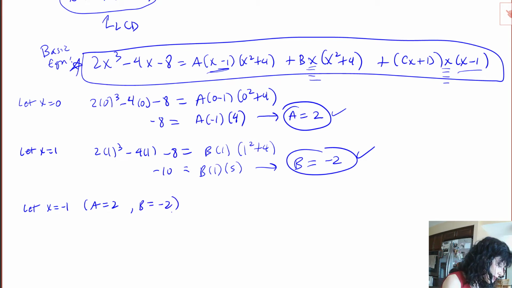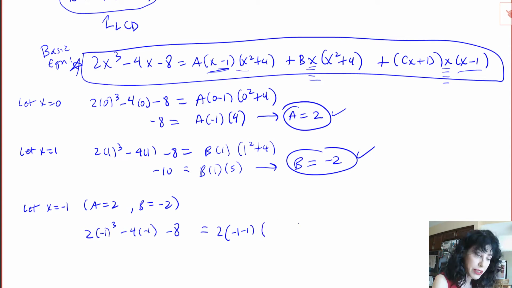So on the left-hand side, when we substitute x equals -1, I'll have 2 times -1 cubed minus 4 times -1 minus 8. And that's equal to a, but we already know what a is. It's 2 times x minus 1, so -1 minus 1, and I'm just looking at this basic equation up here.